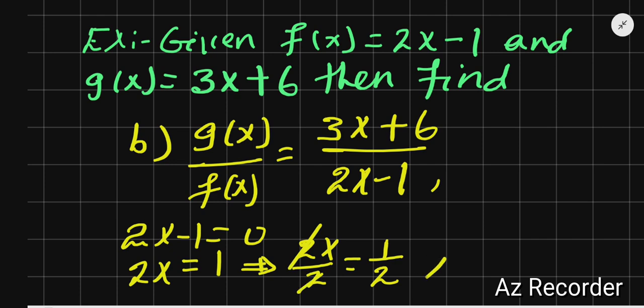Therefore, finally x is equal to 1 over 2. This is the restriction. You should take this 1 over 2 as the value of the variable that makes the denominator undefined. Therefore, it is a restriction. So you should say here x different from 1 over 2, or 0.5.